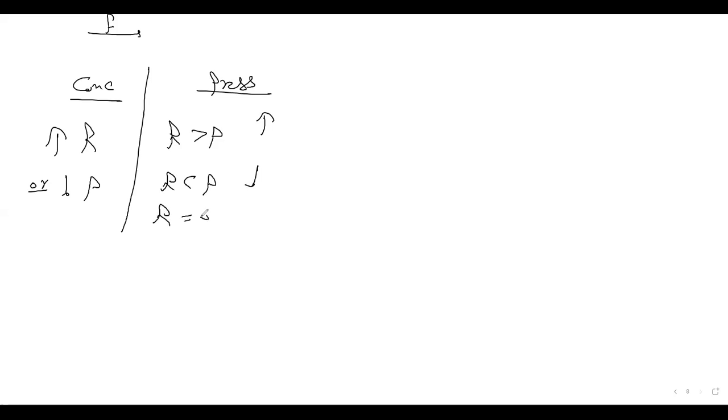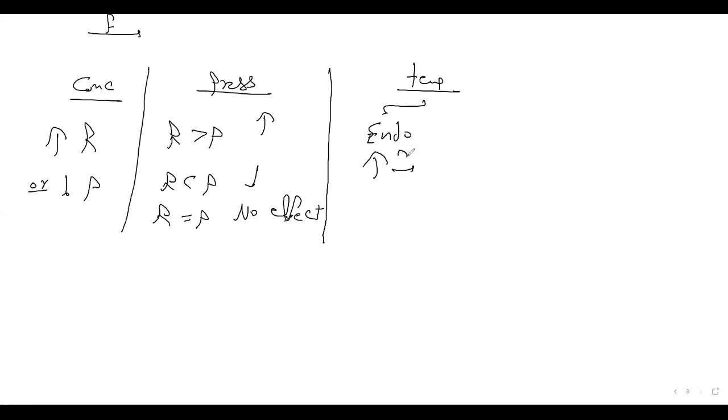If the reactants equal products, no effect. And temperature: if the reaction is endothermic, we are adding to make it move forward. If the reaction is exothermic, we are lowering to make it move forward.